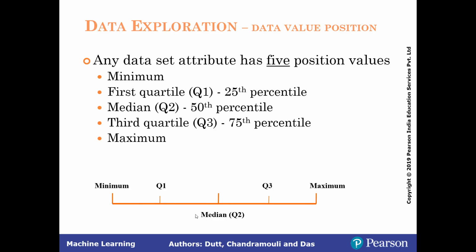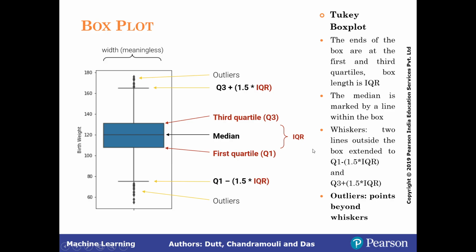Yes, here you can see minimum, maximum, first quartile, second quartile, third quartile. And you are going to get this minimum and maximum by knowing the IQR, that is nothing but the interquartile distance, the difference between Q3 and Q1. Q3 minus Q1 gives you the interquartile distance.